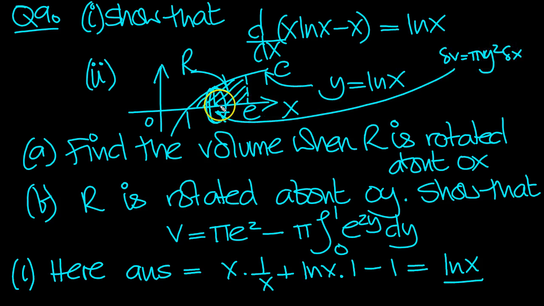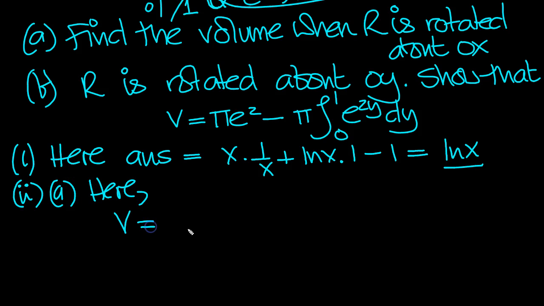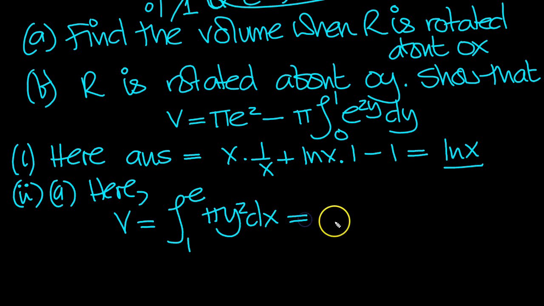So if we sum these small volume disks between here, which on the log is 1, and this value here, we should be able to find the volume formed. So part 2, A, the volume, I'll label it V, is equal to the sum between 1 and e of pi y squared dx, like we said, sum those cylinders.